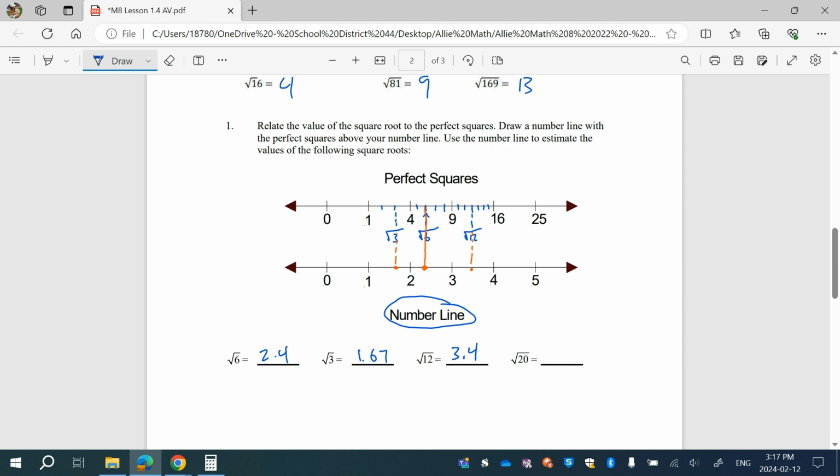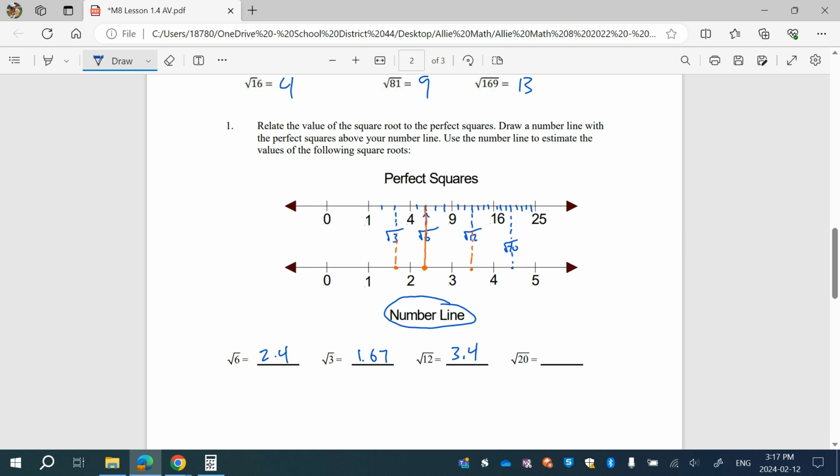And the next one, 20. Okay, so 16, 17, 18, 19, 20, about there. Square root of 20. So a little bit before half.